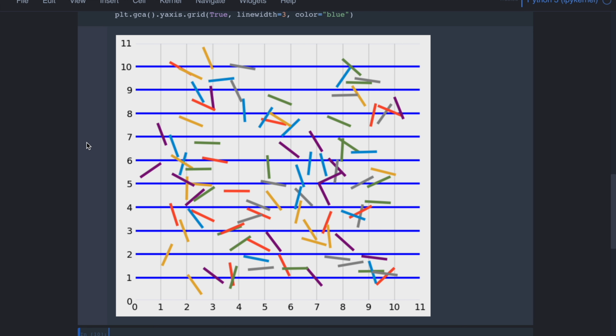And from this probability, we can also compute the value of pi. So let's see in this video how we set up this system, how we generate these needles, and hence measure if they are intersecting with the lines, find the probability, and finally compute the value of pi.